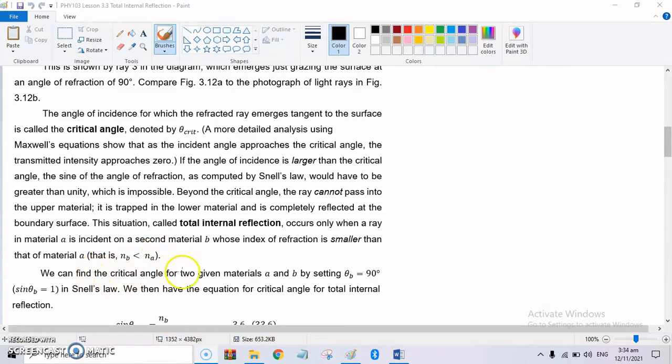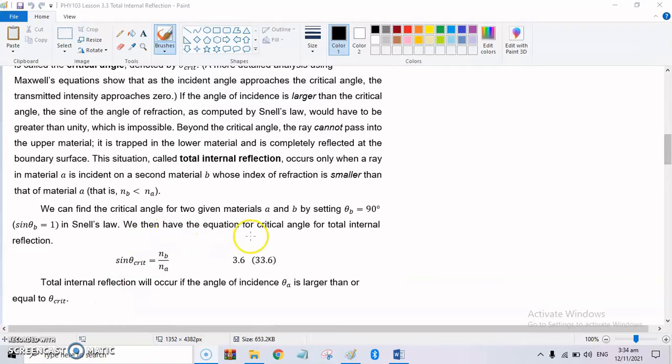We can find the critical angle for two given materials A and B by setting theta B equals 90 degrees, that is, sine theta B equals 1 in Snell's law. We then have the equation of critical angle for total internal reflection. And this will be the new equation relationship for total internal reflection with a critical angle.